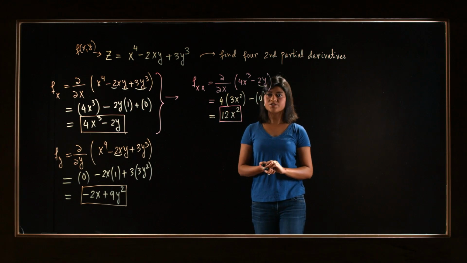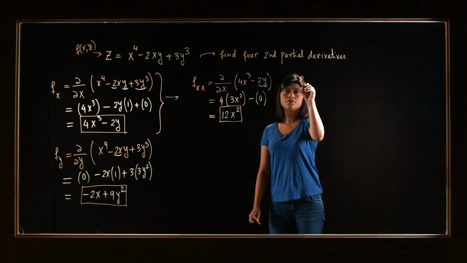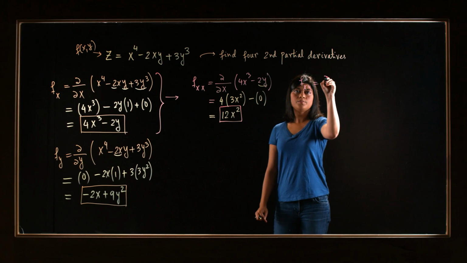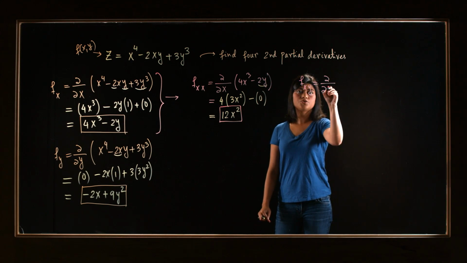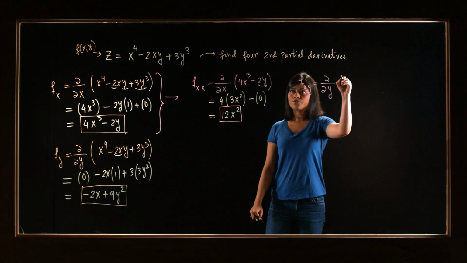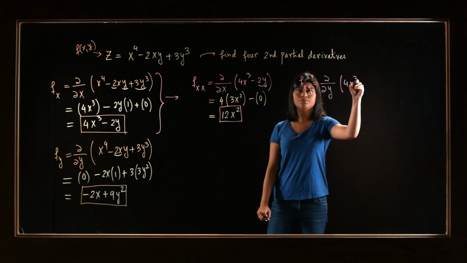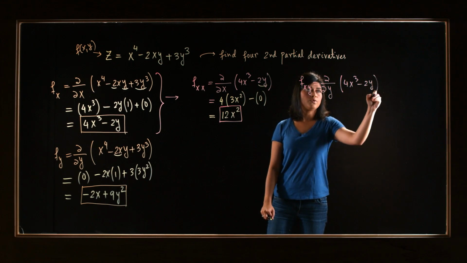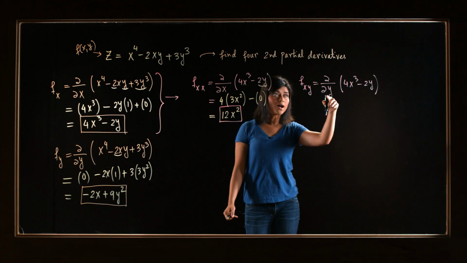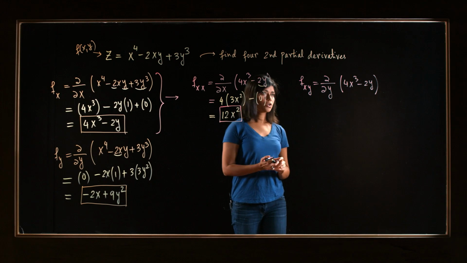Okay, let's compute fxy, and that is the partial with respect to y of fx, so of 4x cubed minus 2y. And now since this is a partial derivative with respect to y, x is considered constant.